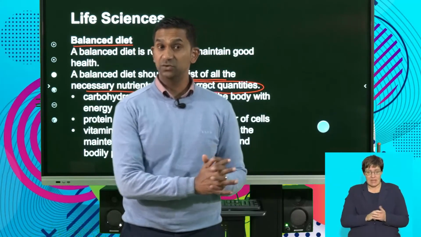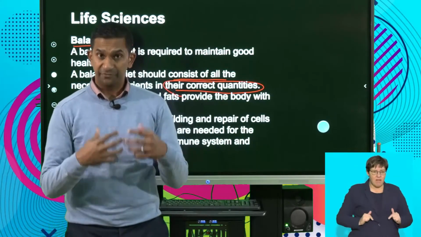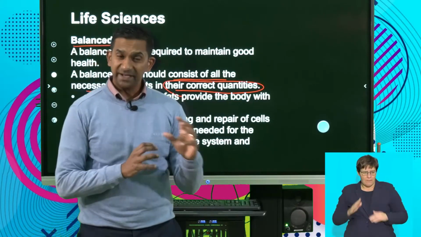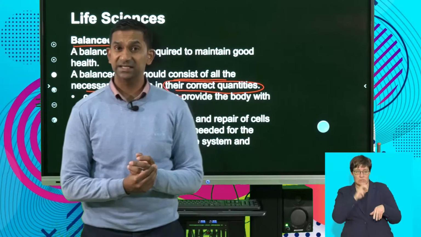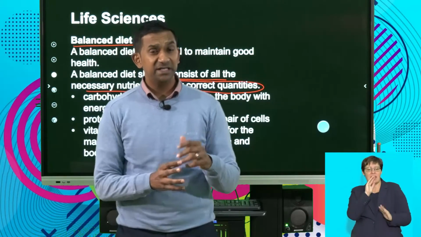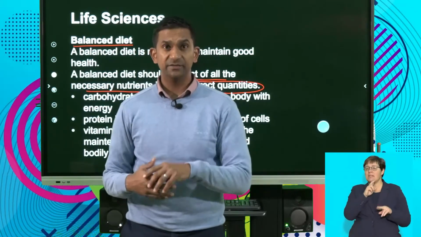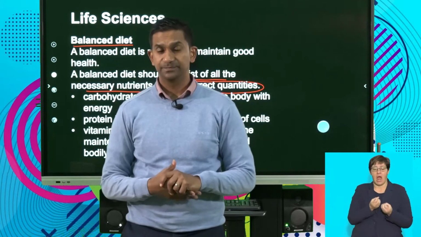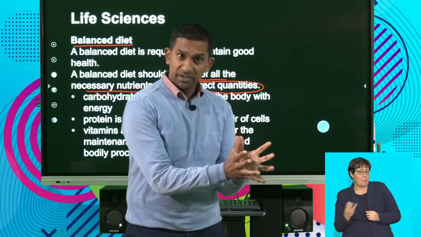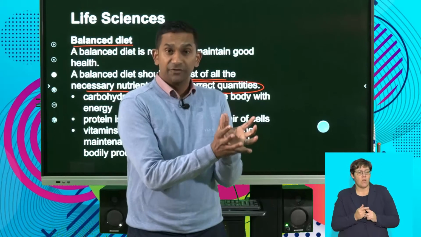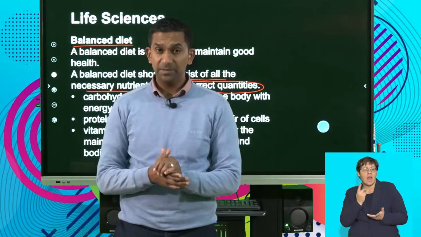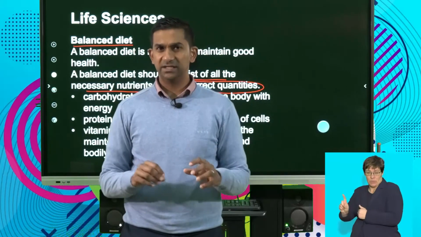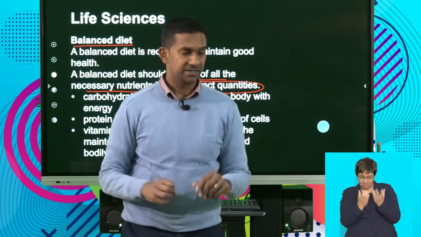Depending on individuals' lifestyle and their physiology, we might need different proportions of these. It's also important to realize that our diet needs to be managed depending on when we have a meal and how much we have. So we compare that to what the constituents or the makeup of breakfast is as compared to what happens at supper. So those are important when we're looking at a holistic balanced diet.